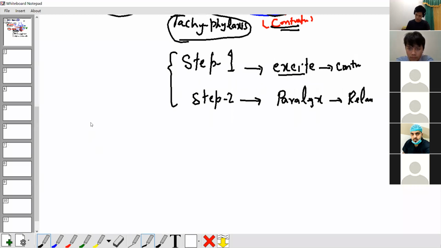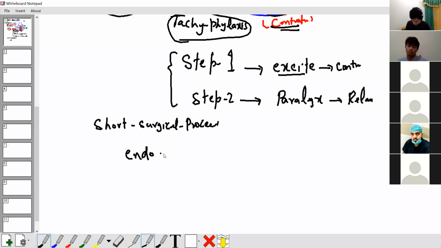We use this drug only for short surgical procedures. If you want to put in an endotracheal tube, we have muscles there, pharynx muscle and larynx muscle.